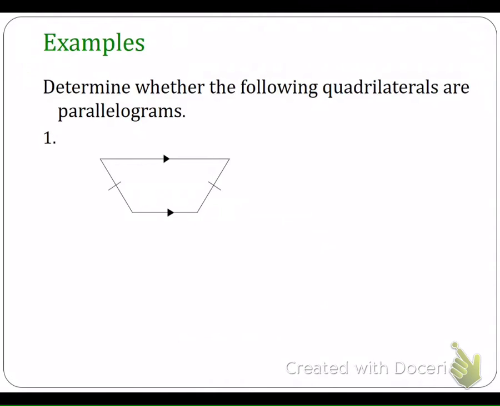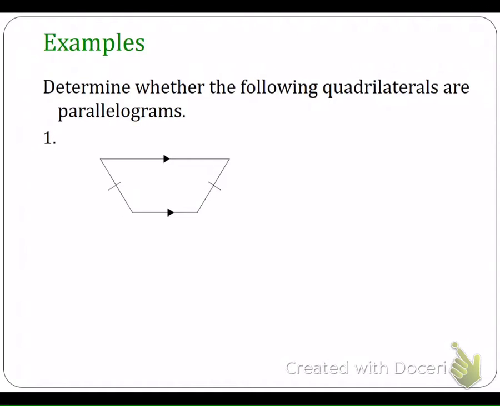Because it's parallel. Okay, so the trick is both pairs of opposite sides need to be parallel, or both pairs of opposite sides need to be congruent. It's not. So are these... No, because one's smaller than the other one. Right, so these two are parallel, these two are not parallel. These two are congruent, these two are not congruent.